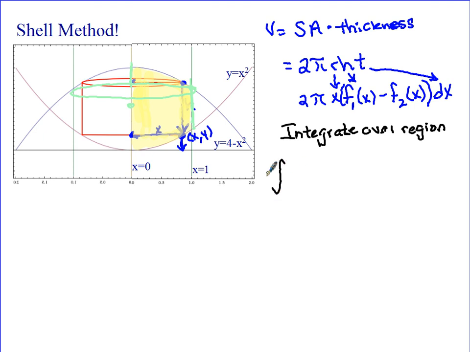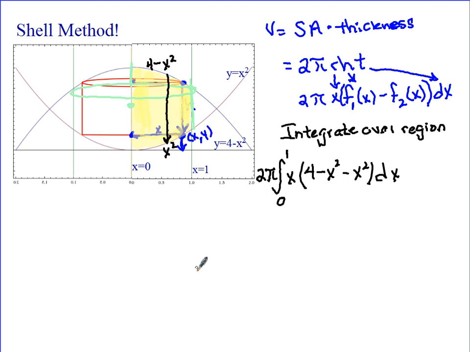So I'm going to put the 2 pi on the outside, and we're going to go from 0 to 1, and then we just have x, and we're going to go from the top, and the top, I kind of have these written backwards, but this top part is 4 minus x squared. That would be the top, the bottom, which is x squared, so 4 minus x squared minus x squared, and then dx. And that's it.